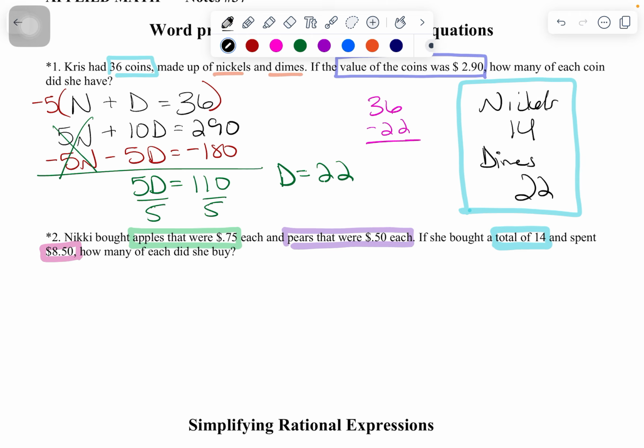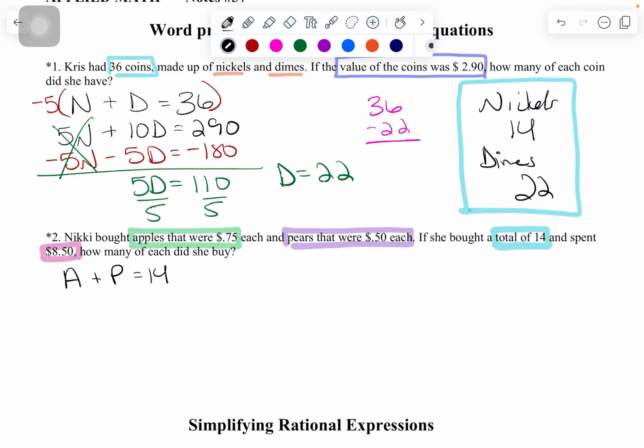So first thing again is I go with a quantity equation. If I take all my apples plus all the pears, that is 14 pieces of fruit. So that's my first equation. Then the second equation I want to create is a value equation.